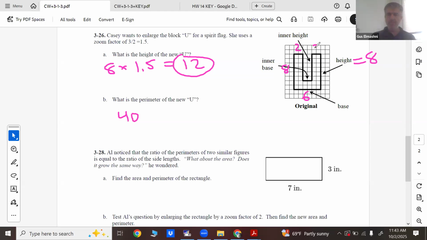Like water polo and volleyball are in the same season, so you can't do both. Wait, so you do volleyball? Are you in soccer?